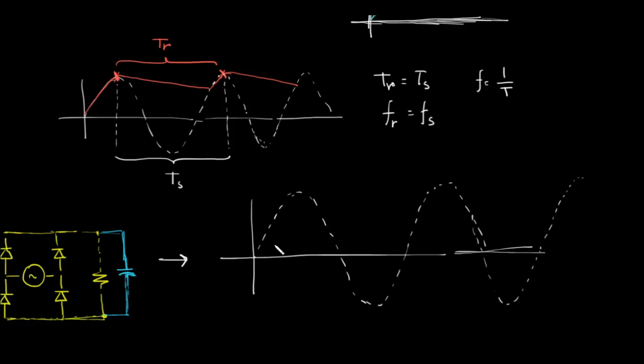Let me draw that in blue now. Without the capacitor, the output was like this. The positive cycle would be output as before as the input, and the negative cycle will be flipped. Then this will continue, and the negative cycle will be flipped again. So this part of the graph would be the output without the capacitor.